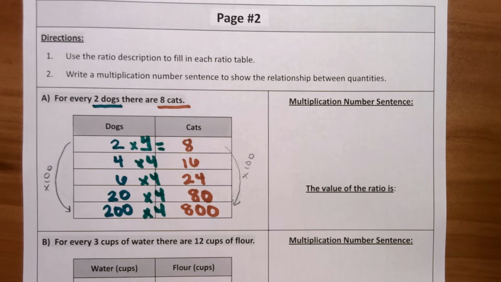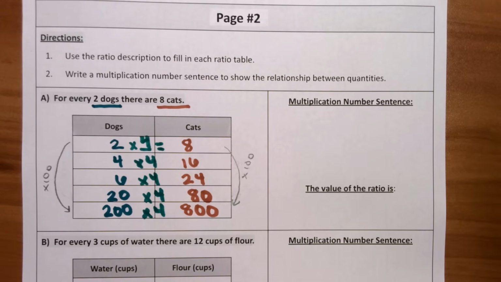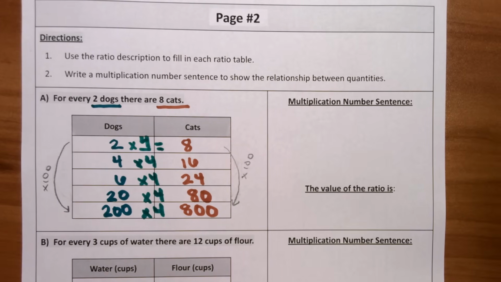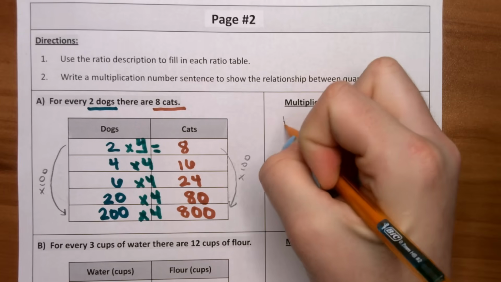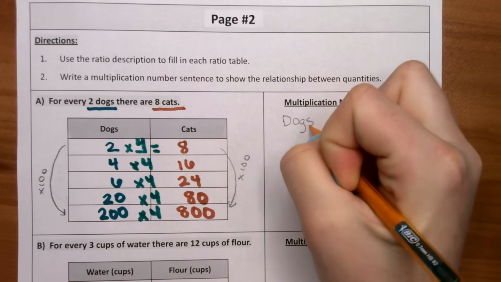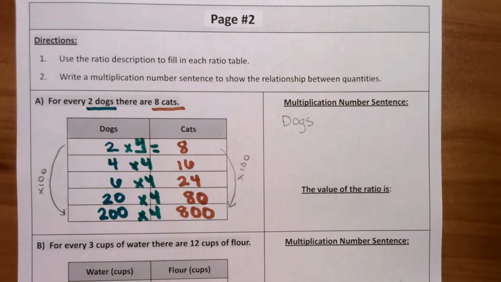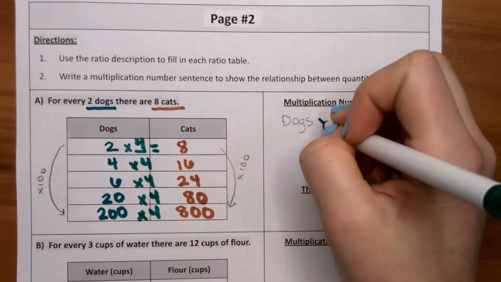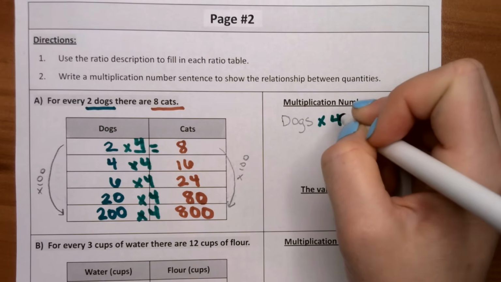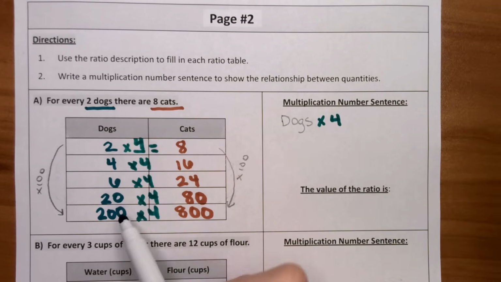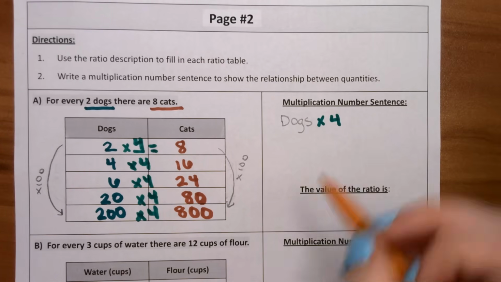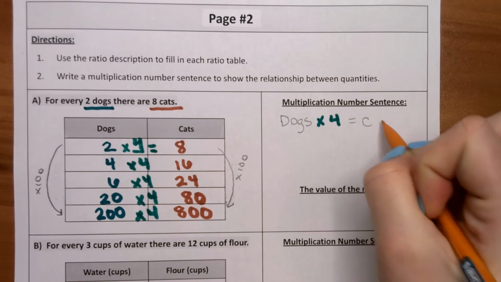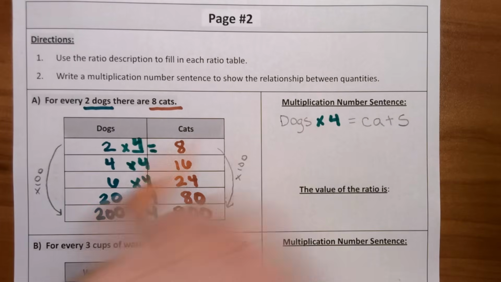So an example of a multiplication number sentence is, we could say, dogs times 4. Remember, whatever I write, you should write, because we can multiply any of our numbers for our dogs times 4 and it will equal our cats.